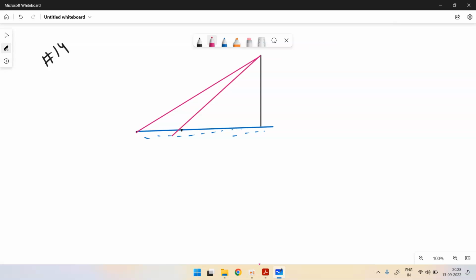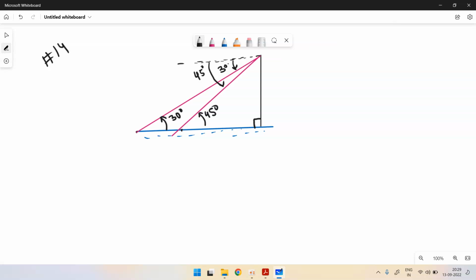Now this angle is given to be 30 degrees, this is farther, and this is given to be 45 degree, this is nearer. Since this is 45 degree, this angle will also be 45 degree, and similarly for 30 degree, this angle will be 30 degree.